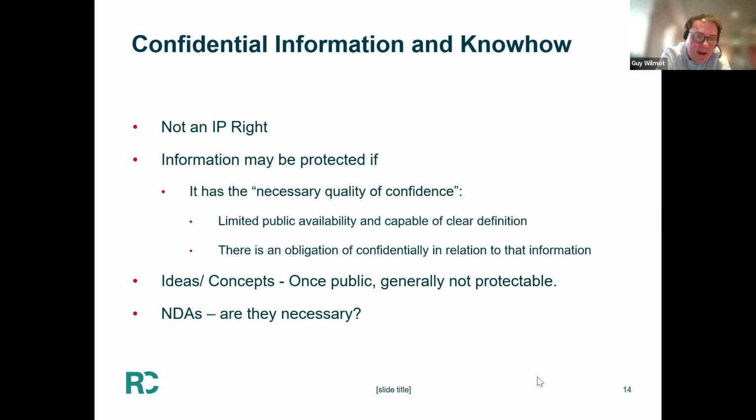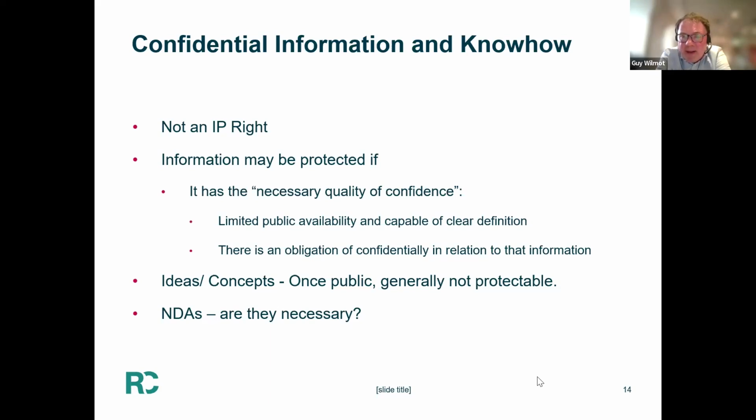Well, as I just said earlier, it's not technically an intellectual property right. It is more of a cause of action, like passing off. It's a right to stop someone from doing something or claim damages if they've done it. In order to protect information as confidential information, it's necessary for the information to have the, quote, necessary quality of confidence.